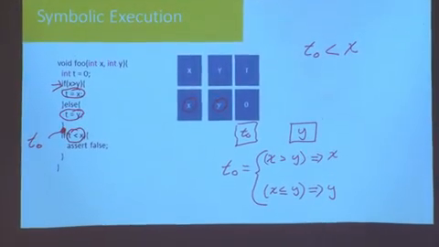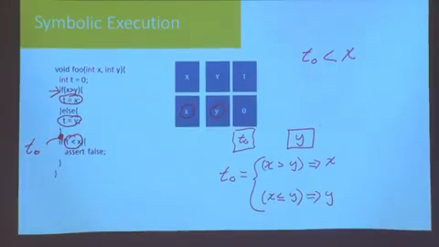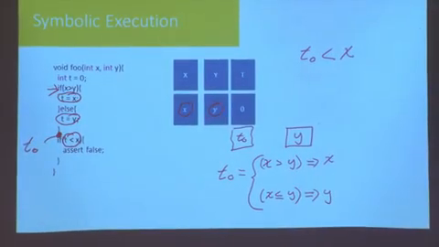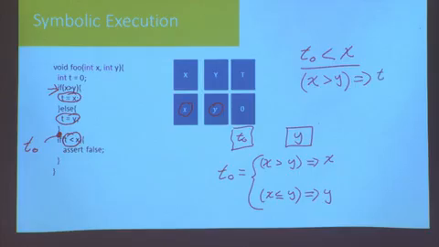So in fact, we can express this as a constraint where we say, is it possible to have t0 less than x, and to have x greater than y imply t0 equals x, and x less than or equal to y imply t0 equal y.